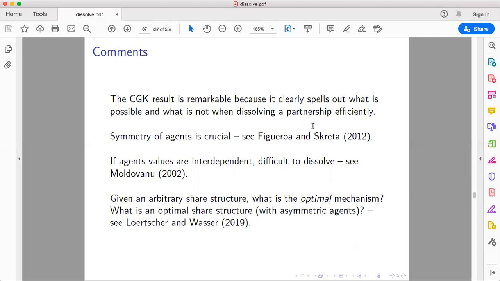There is a paper, if you want to look at it: if the independence is there but the value distributions are not symmetric, then the results of Cramton, Gibbons, and Klemperer do not really go through.